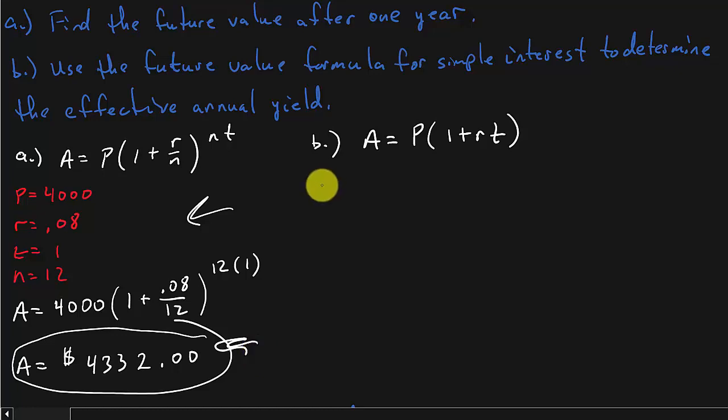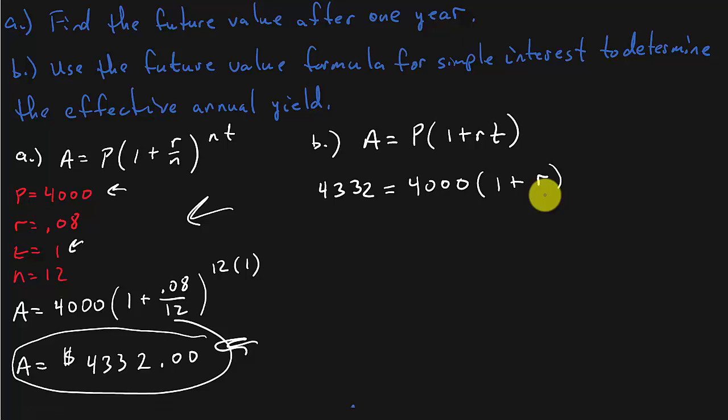All right, so that's just 4,332, and I'm not going to put the 0.00, equals P, which is 4,000. See, there's P, times 1 plus R, now R is what they're wanting us to find. And then T is 1, so 1 times R is just R. All right?